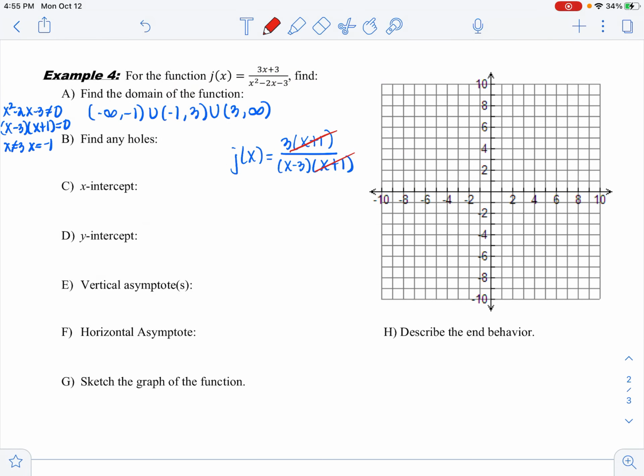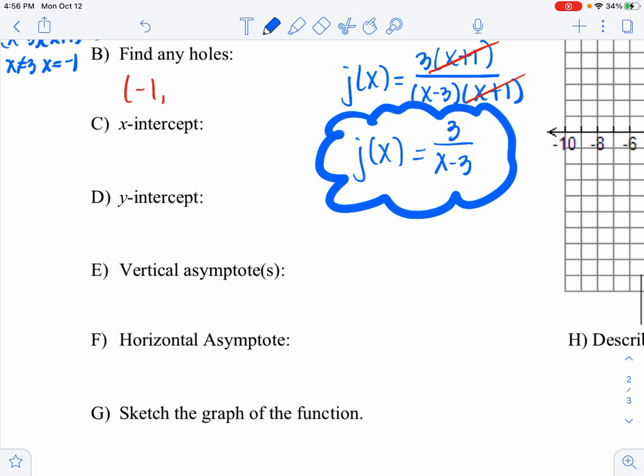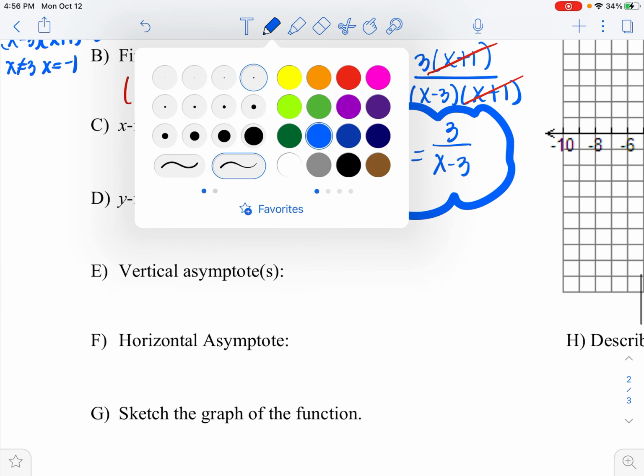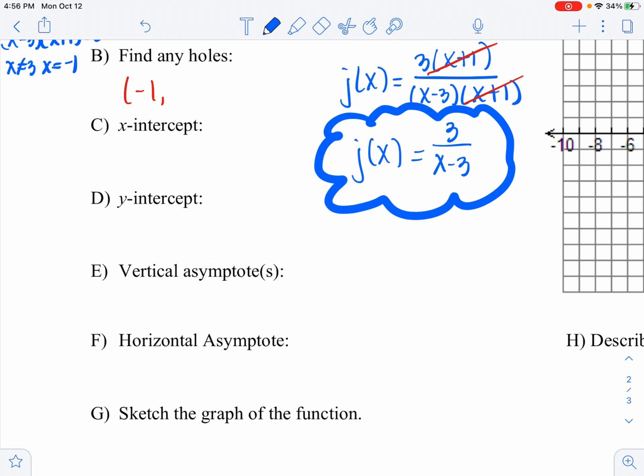So there is a hole at -1, and I'm going to write my new function, j of x equals 3 over x minus 3. All right, I'm going to plug in -1. I get 3 over -1 minus 3, which is -4, so -3/4.